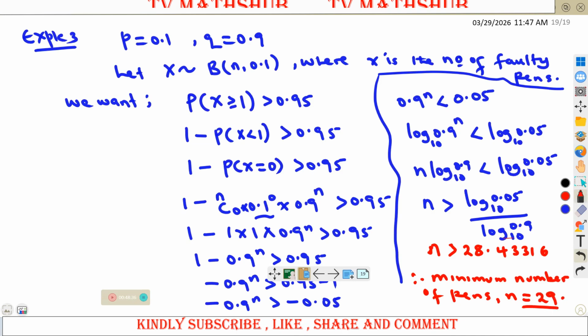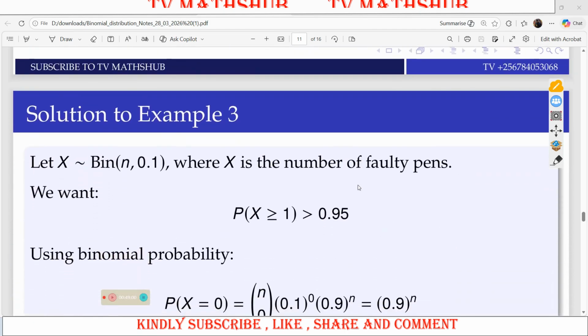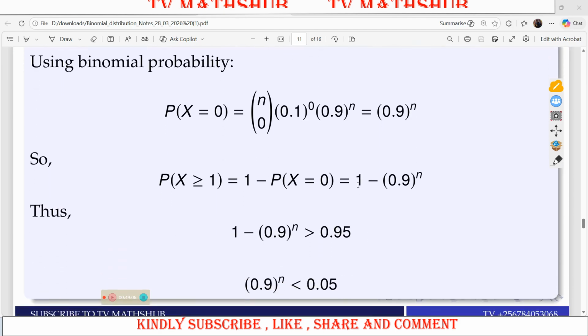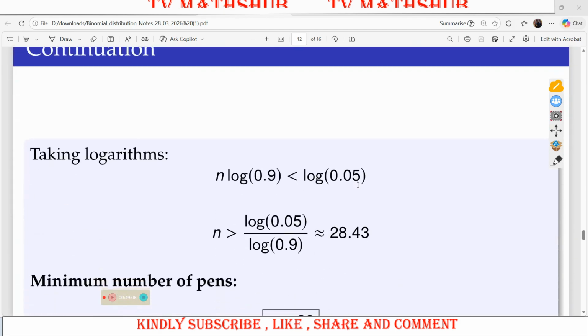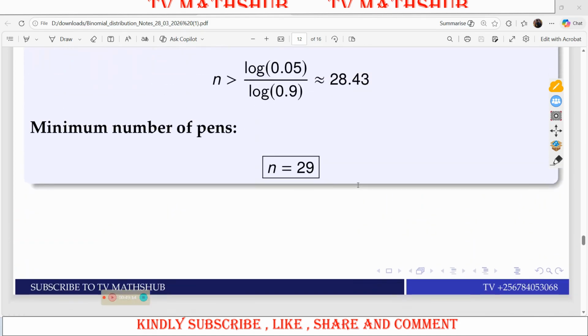So this will be the minimum number of pens that can be drawn, such that you are certain of having at least one 40 pen, and that will be the answer. So our n is equal to 29. That will be the required answer. Those will be the examples that we shall look at.